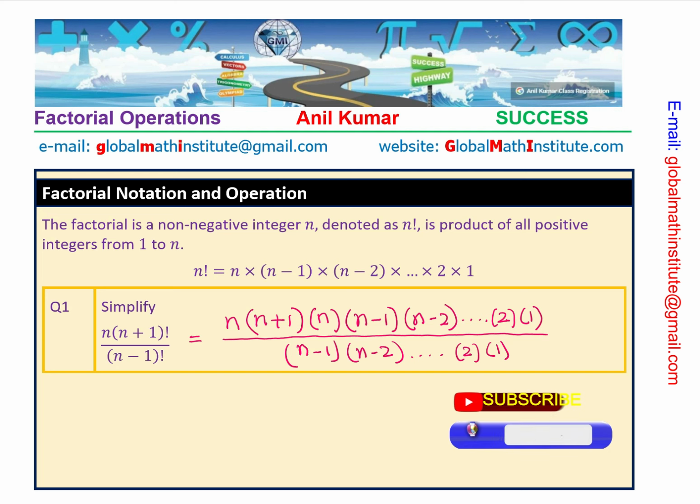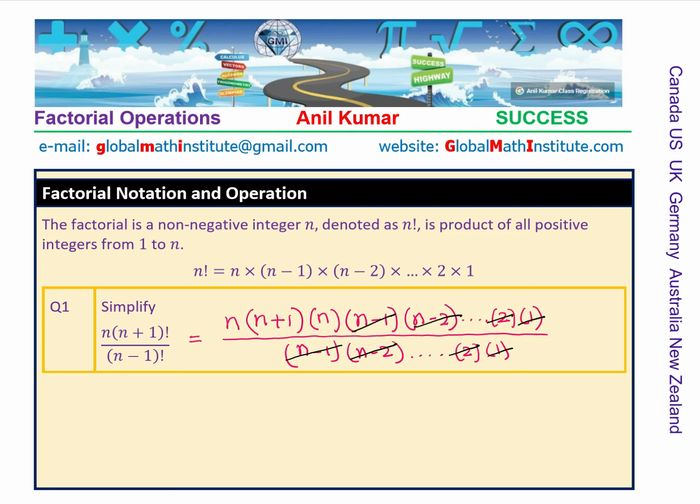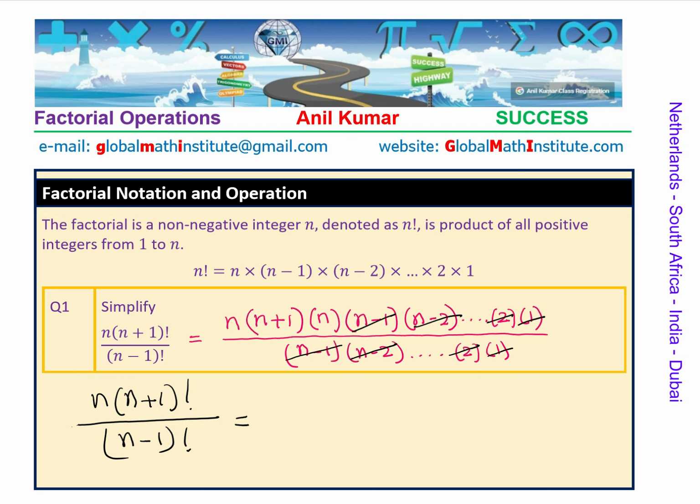As you can see very clearly here, the terms after and including n minus 1 cancel. Do you see that? And therefore, for this particular expression, which is n times n plus 1 factorial over n minus 1 factorial, we can write this as n times n plus 1 times n, right?